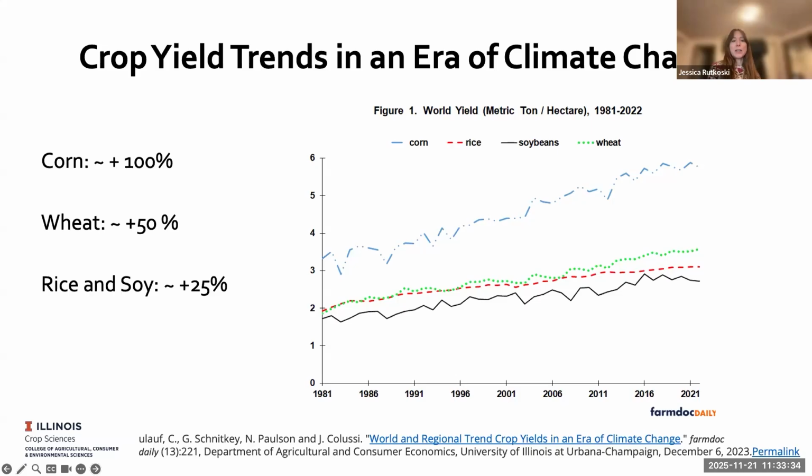And you can see that even in that context, we're still seeing really good gains, really good growth in crop yields. Corn yields have improved by 100% over the past 40 years. Wheat has been up by 50%, and rice and soybean a little less, but still up by 25%. So think about that. Pretty fascinating that we're still able to achieve this growth.